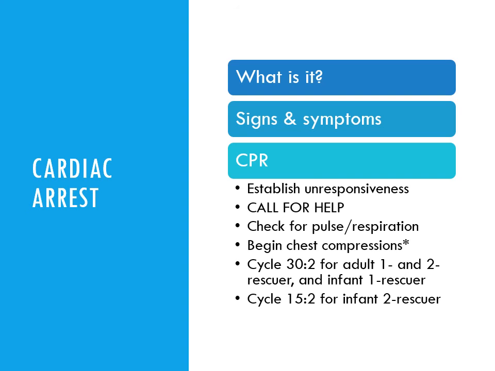So again, like I said, 30 to 2 ratio, compressions to breaths. The breaths will be given either with a bag mask or a pocket mask, which will be available on the crash cart. And then for infant rescue, it's going to be a 15 to 2 ratio of compressions to breaths.